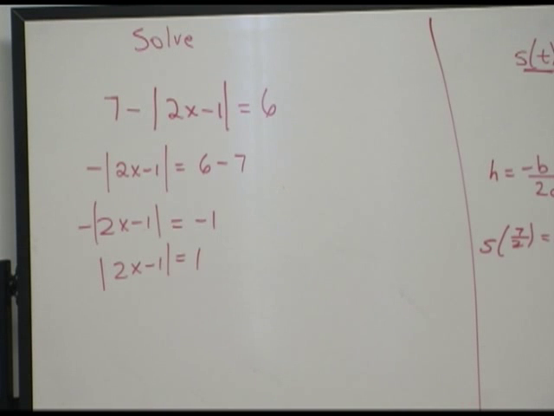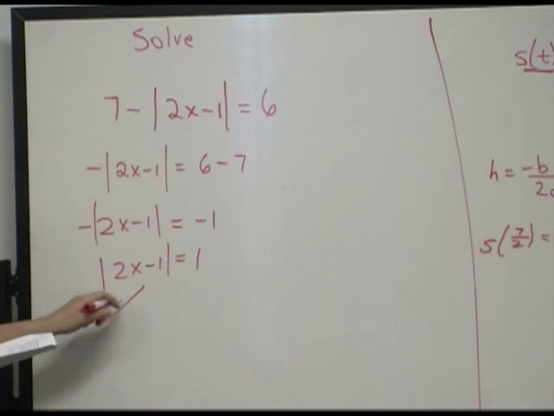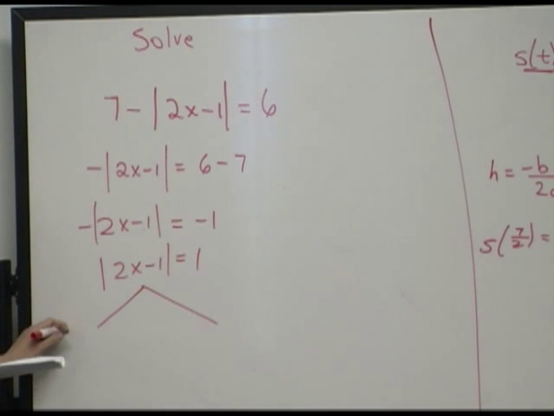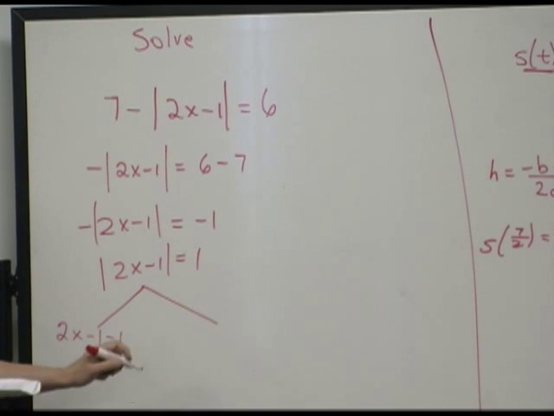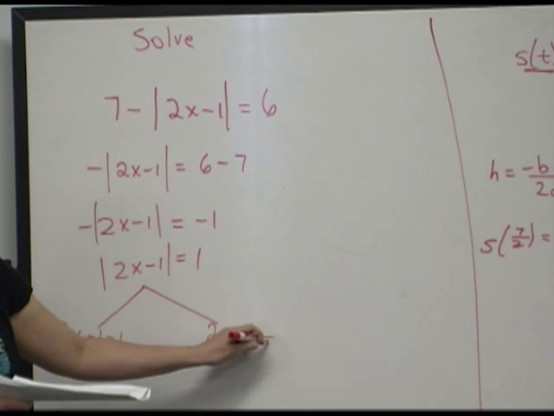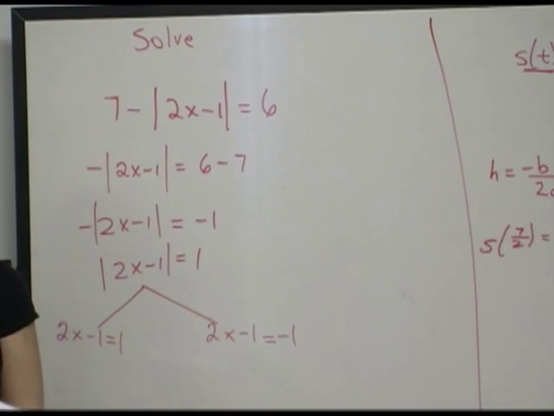Now that it's isolated, we're going to go ahead and solve my two equations. In order to take those absolute value bars out, I have to make that expression equal to 1, and I have to make that expression equal to -1, right?